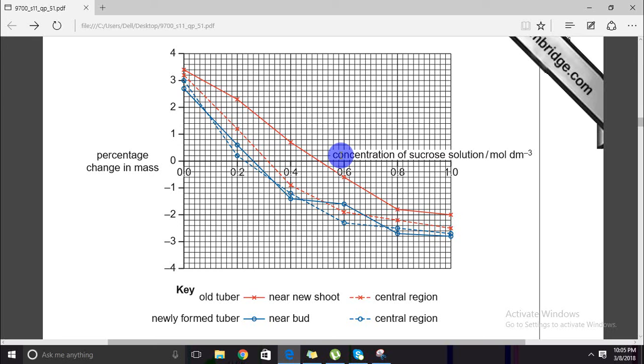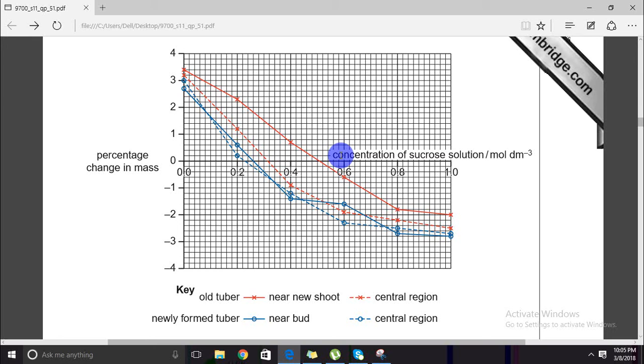So the student needs 6 different concentrations of sucrose solution: 1 molar, 0.8 molar, 0.6 molar, 0.4 molar, 0.2, and 0. So 0 is basically just distilled water. So actually just 5 concentrations, and the student can get that in a number of ways.